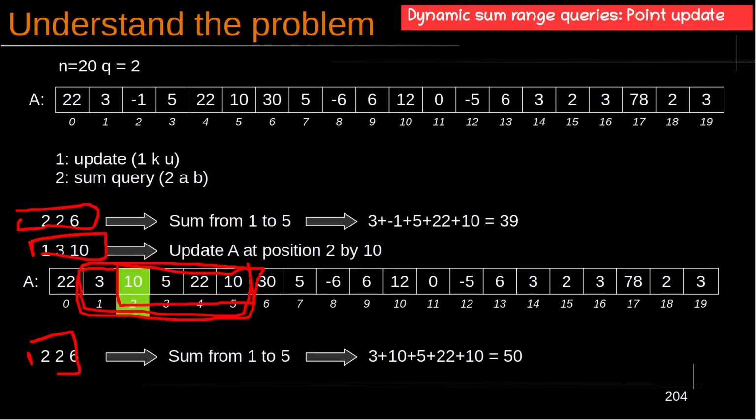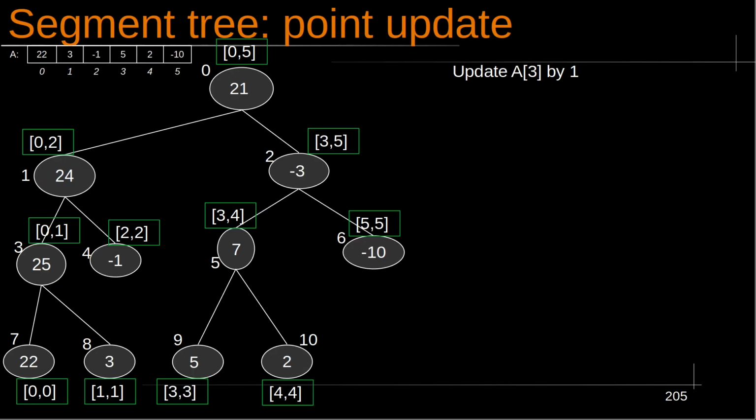Now, after understanding the problem, let's see how to update the segment tree if I update an element in the original array. First, I need to know the first index and the last index of the whole array, here from 0 to 5, and I look for the middle.